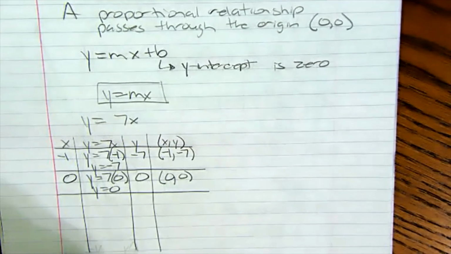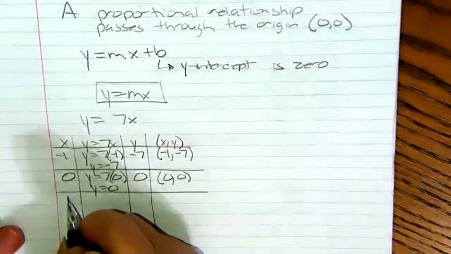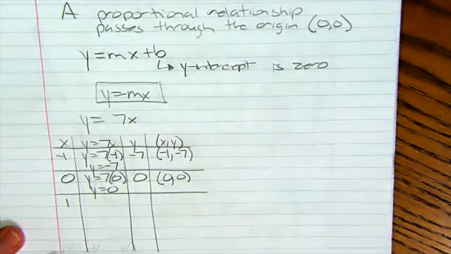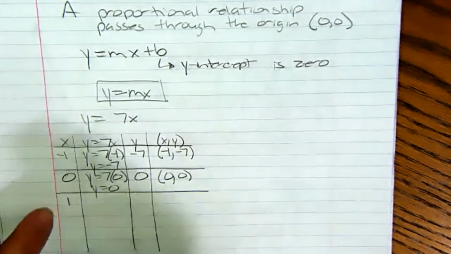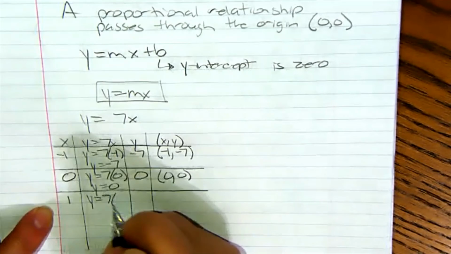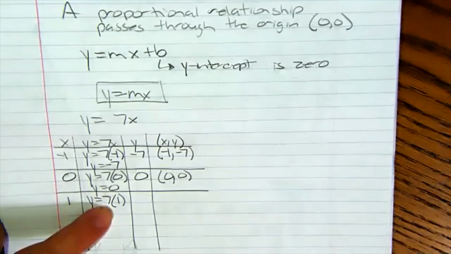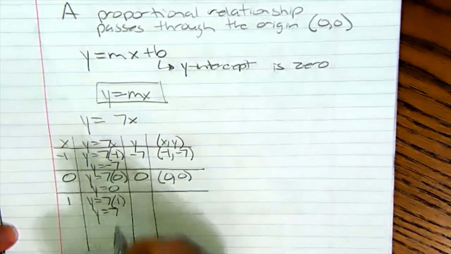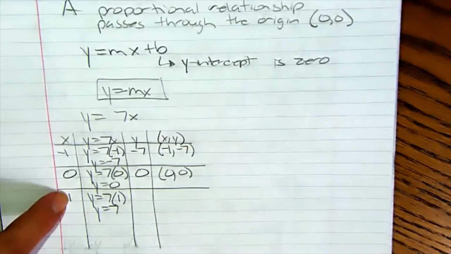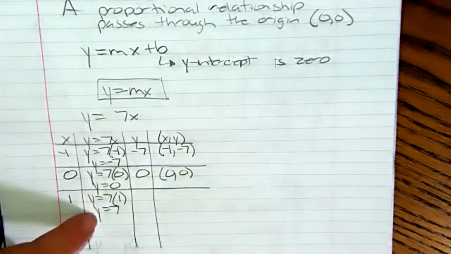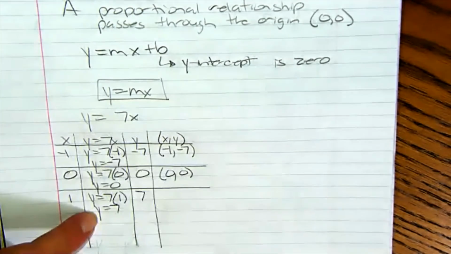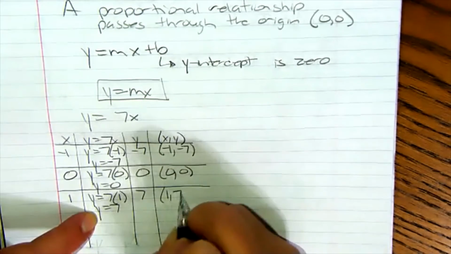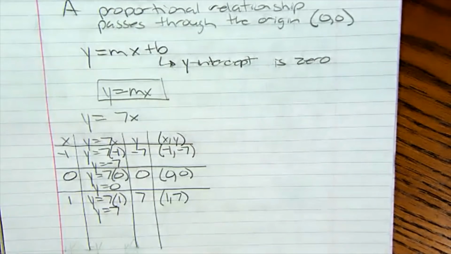And I want to choose a number that's easy to work with. So I'm going to go with positive 1. I'm going to rewrite my equation, and I'm going to substitute positive 1 for x. Then I'm going to solve. So when I input a positive 1, this equation spits out a positive 7. So here is my third ordered pair, 1, 7.